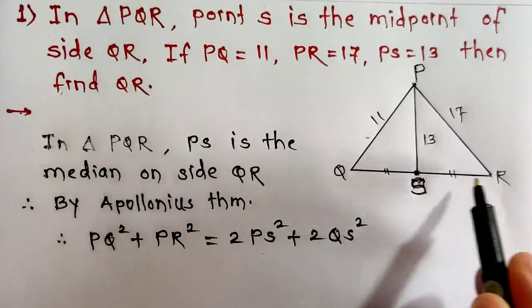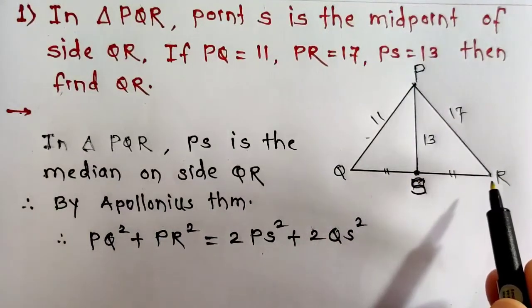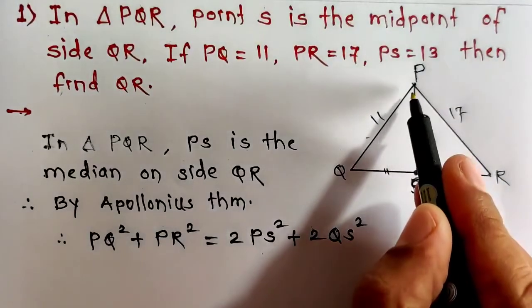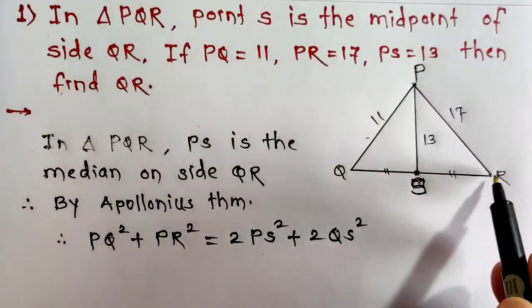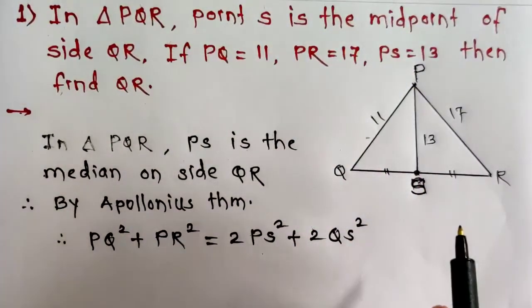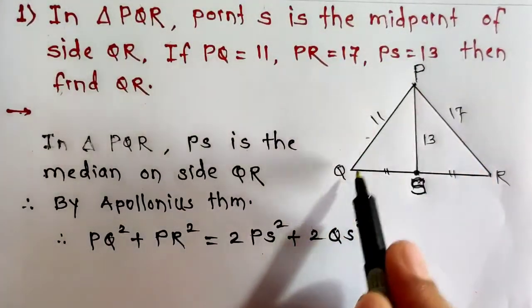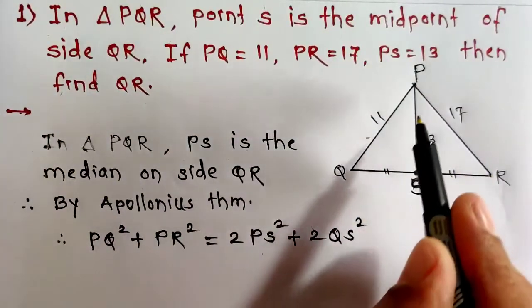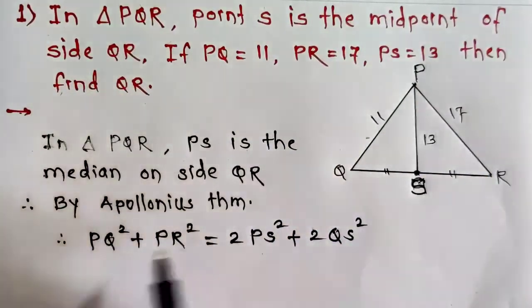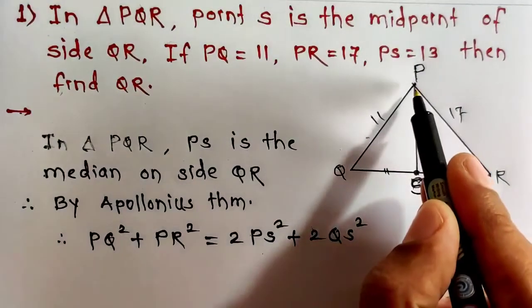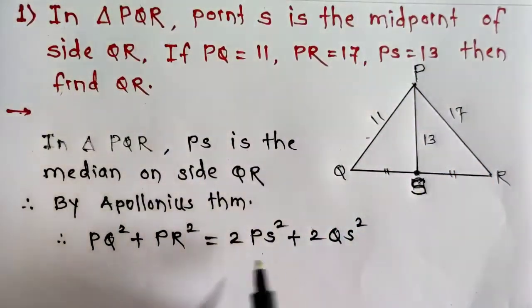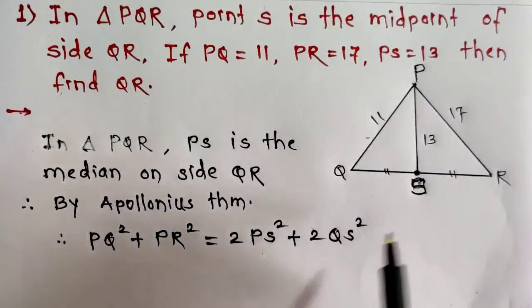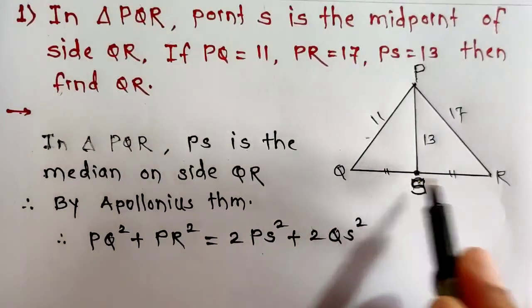The median is given on side QR. Therefore, take the sum of squares of remaining two sides. In this figure, remaining two sides are PQ and PR. Therefore, PQ square plus PR square is equal to 2 into median square, 2 into PS square plus 2 into half QR square.